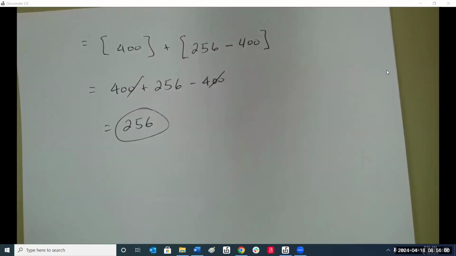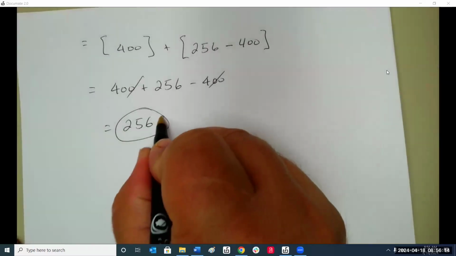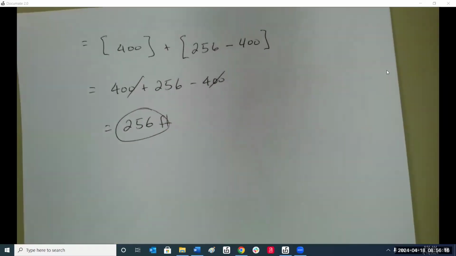So what does that tell us? How high is the rock after 8 seconds? 256 feet.